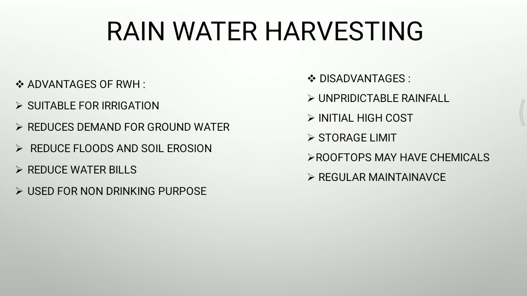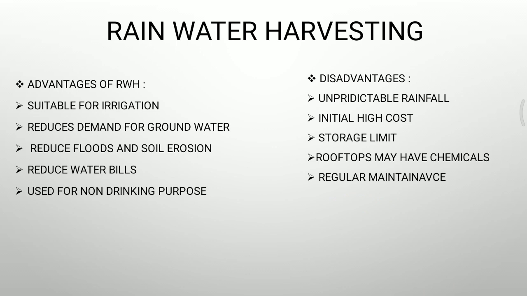So rainwater harvesting, what are the advantages? It is suitable for irrigation, reduces demand for groundwater, reduces flood and soil erosion, reduces water bills, and can be used for non-drinking purposes. There are some disadvantages also. Unpredictable rainfall: if the rainfall is low, it will be difficult for rainwater harvesting.